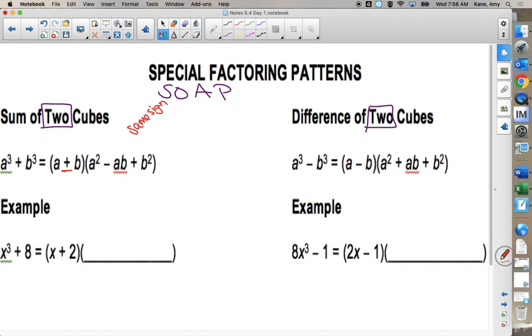They're going to be the same. So if I have a plus in my original problem, my first sign should be a plus. What do you think the O would stand for? Opposite, yeah. So O stands for the opposite. So if I look, my next sign is an opposite sign, and that works in both of them. So I have the same sign, and then I have an opposite sign. And then the A and the P kind of go together. It ends with an always positive or a plus sign.